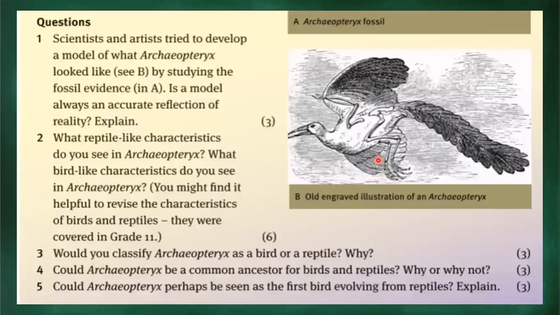So we cannot definitely say it's a 100% reflection of reality. But whatever fossils or evidence are found, that information is put together into a model so that we can get a physical or practical view of what it could look like in its physical form.